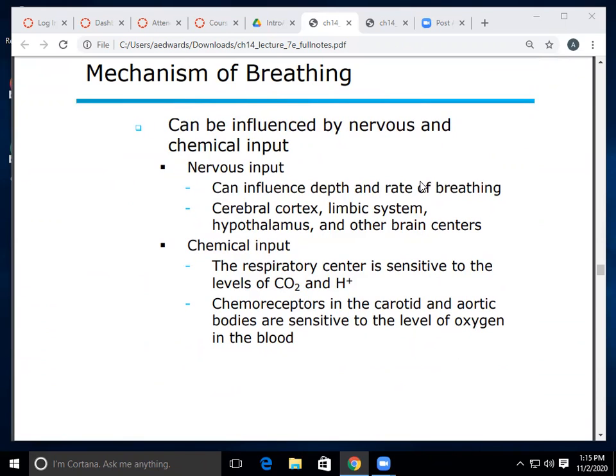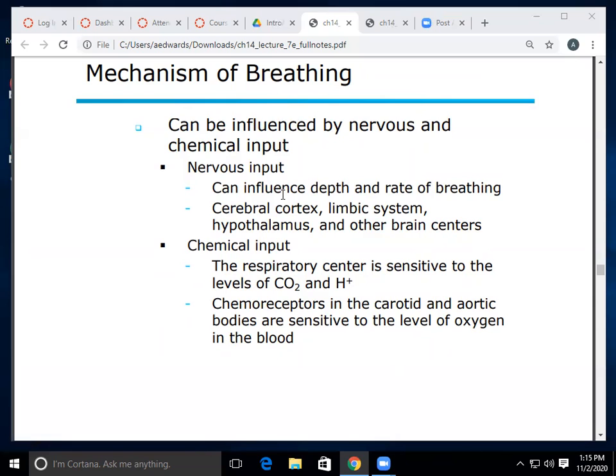All right, so your breathing can be influenced by nervous input and chemical input. We've already talked a little bit about nervous input, but nervous input can influence the depth of your breathing, how deeply you breathe, as well as the rate, how quickly or how slowly you breathe. That can be influenced by your limbic system, your hypothalamus, your cerebral cortex, and other brain centers.